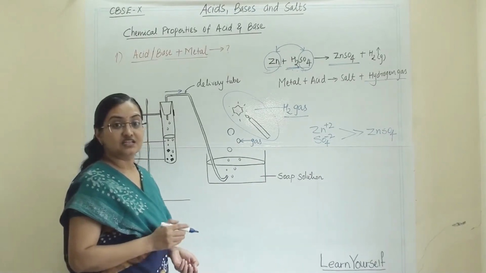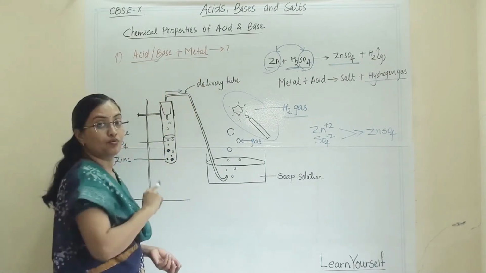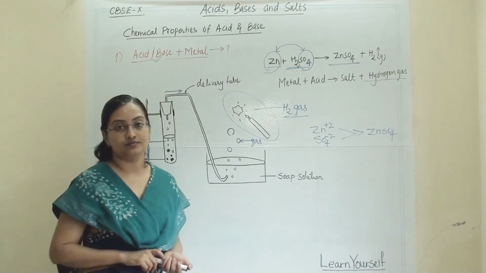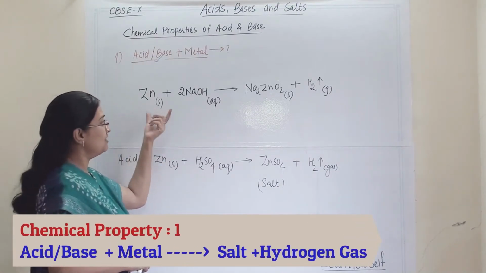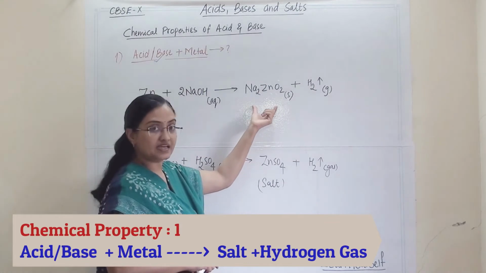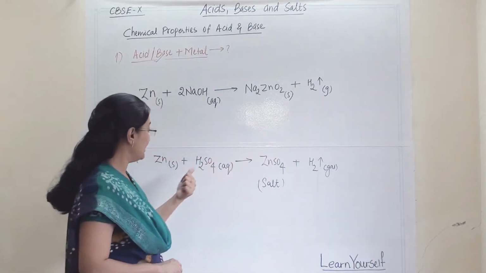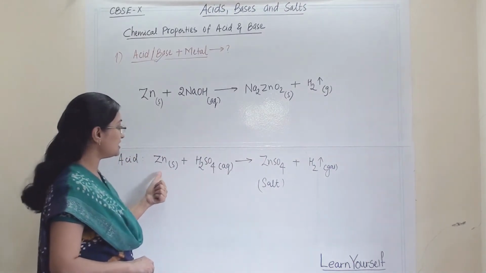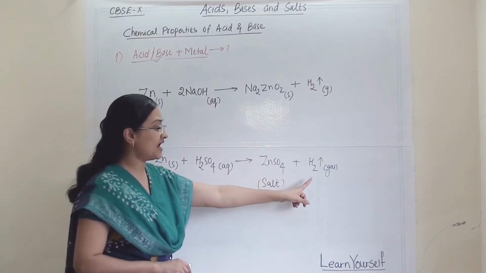Now we will study what we get when a base reacts with a metal. When a base reacts with zinc metal, we get sodium zincate as a solid substance and hydrogen gas. Earlier we saw that when zinc reacts with acid, we get salt and hydrogen gas.